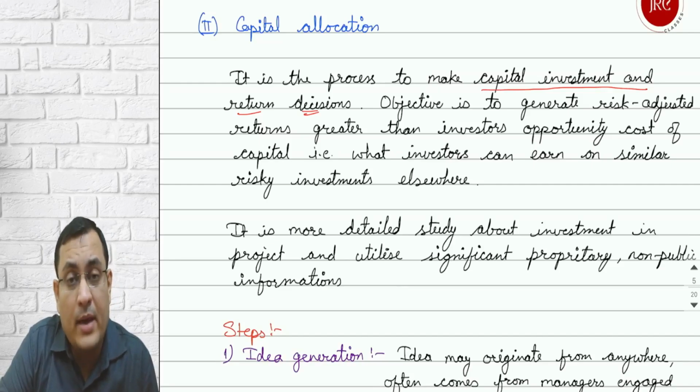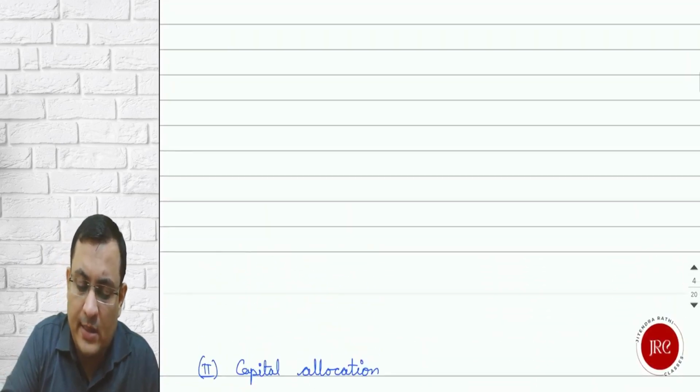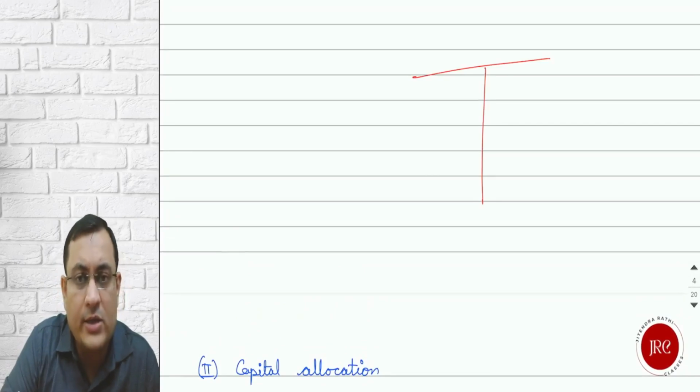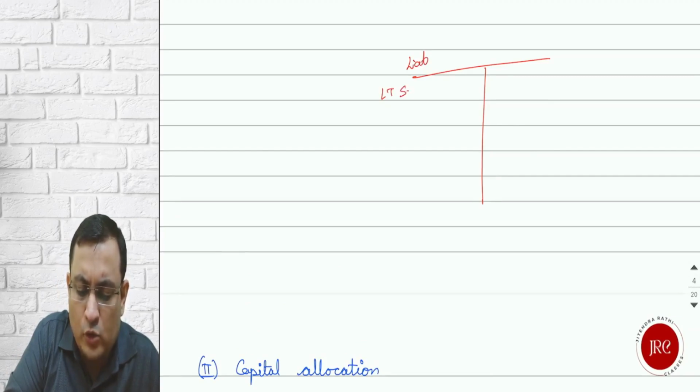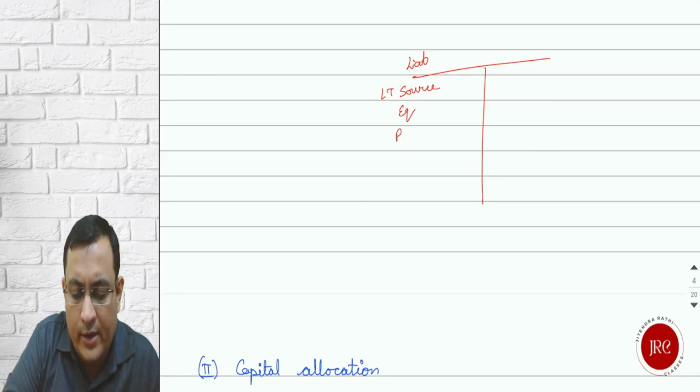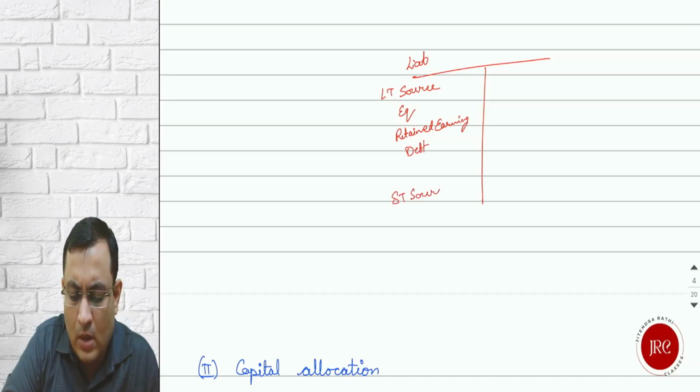What do we mean by capital investment? If I look at the balance sheet of an organization, on the liability side there are long-term sources, which include your equity, your retained earnings, your debt finance, and then short-term sources, your trade credit or short-term debt.